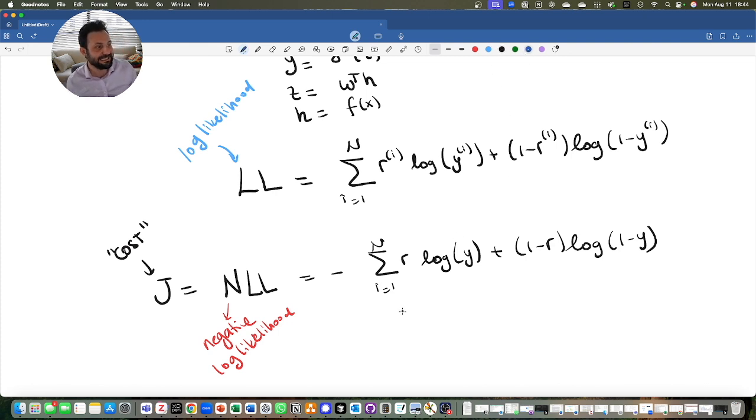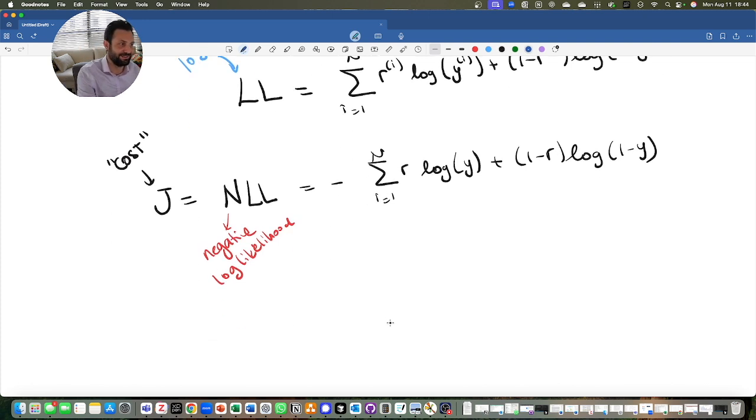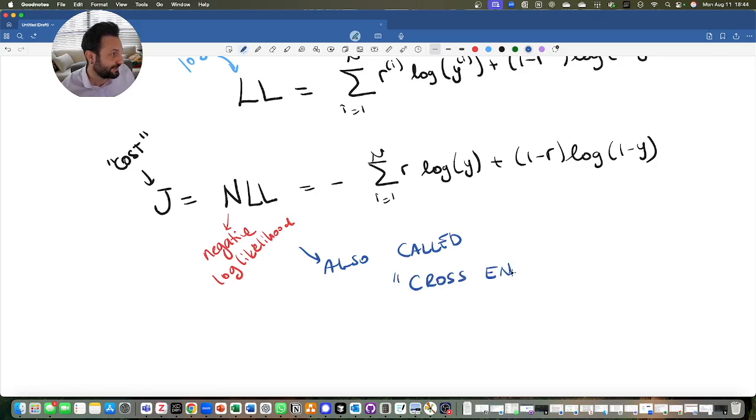And there's a term for this. The other name for negative log likelihood is also called cross entropy.